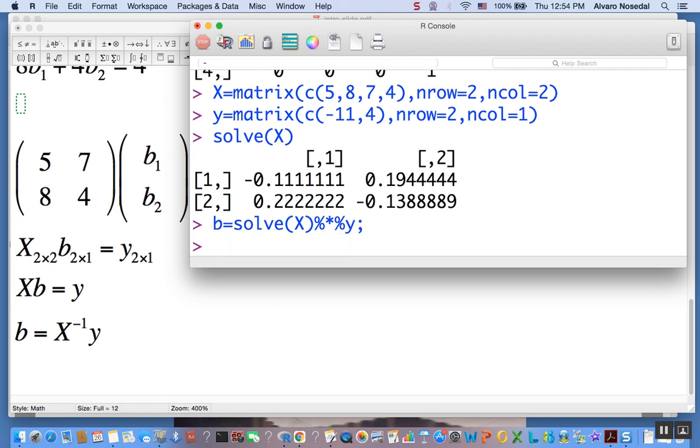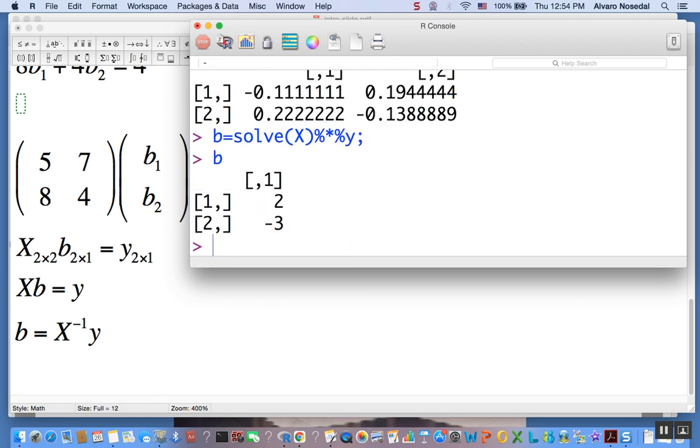Now we type the name of the object we just created, b, and if you check, you'll see that you end up with the same solution we got using Cramer's rule. Great.